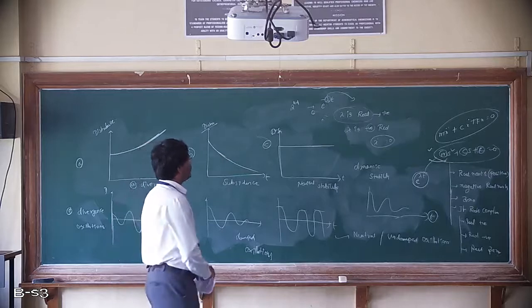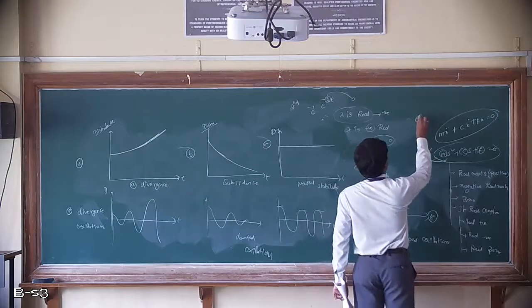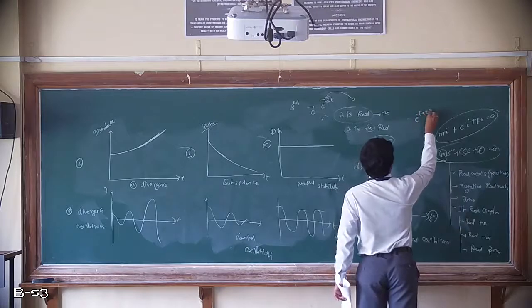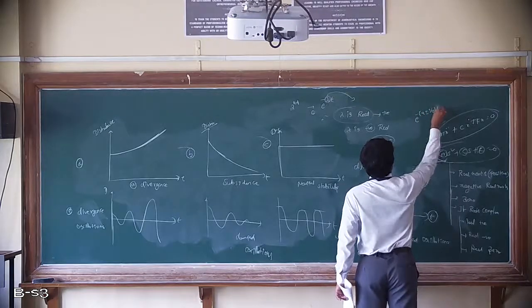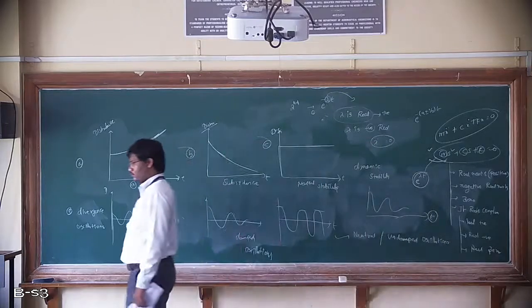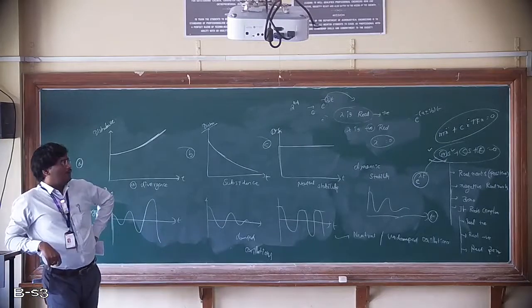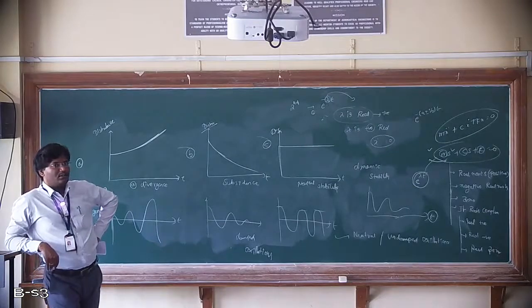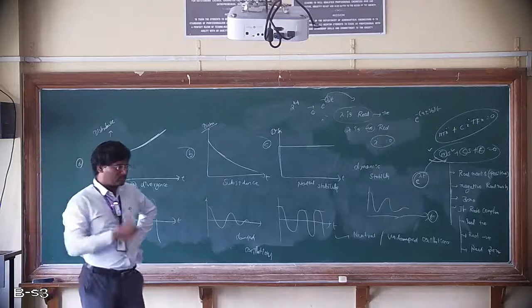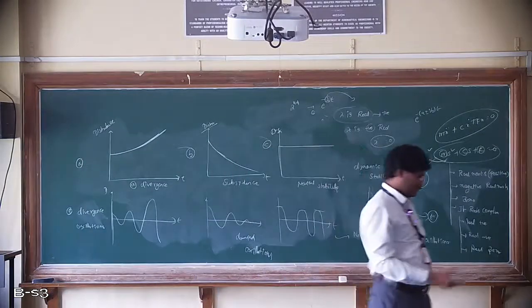What will happen if you are getting roots as complex numbers, a plus or minus ib, into t? If roots are complex, e power ib t is cos theta plus i sin theta, you know, right?